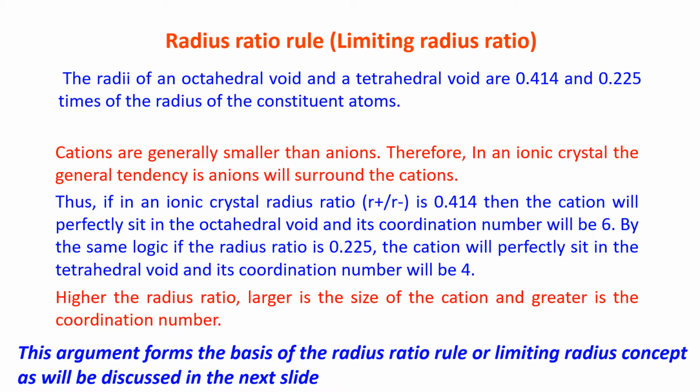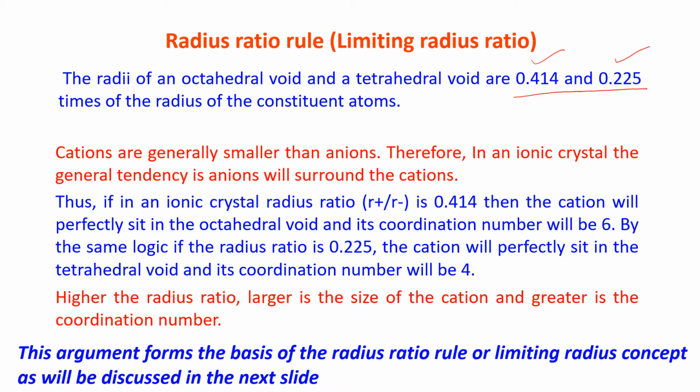The radii of an octahedral void and a tetrahedral void are 0.414 and 0.225. This you have to remember. I will tell you how this is coming in the following slides. Just here in this slide, you just know that the radius of the octahedral void is 0.414 and for a tetrahedral void is 0.225.